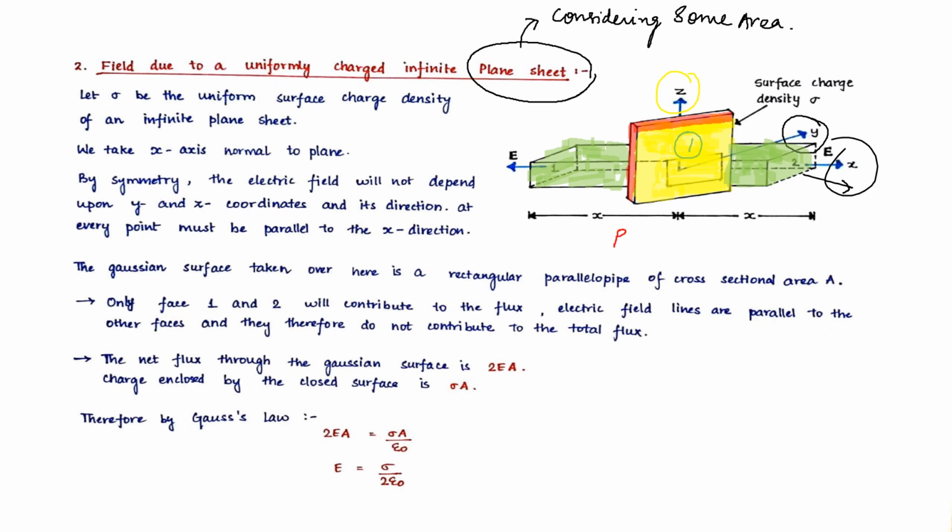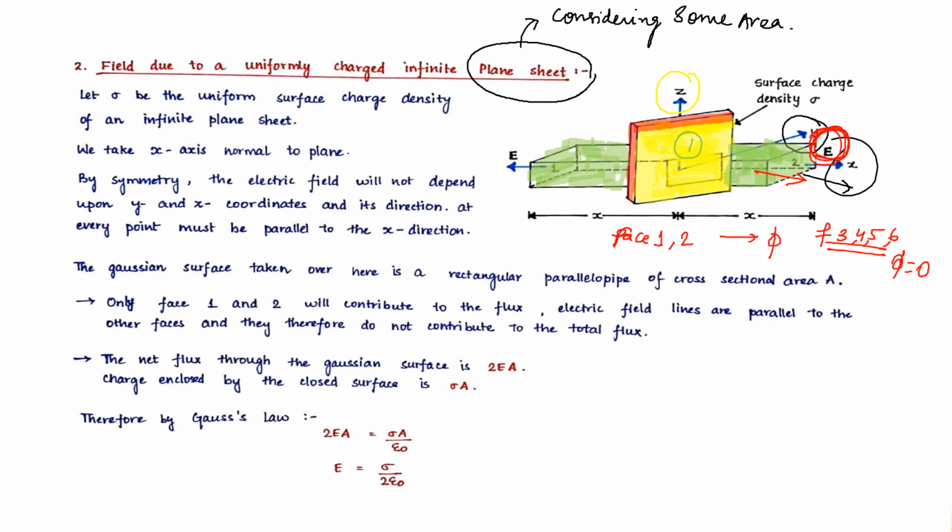So face 1 and 2 will give us flux, and faces 3, 4, 5, 6 will not give us any; the flux due to them will be 0. We are talking about electric field lines which are along the x-axis.